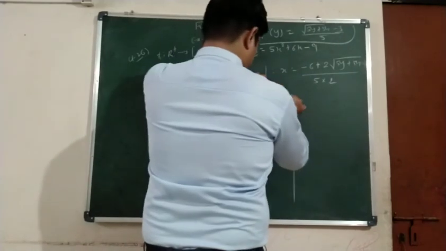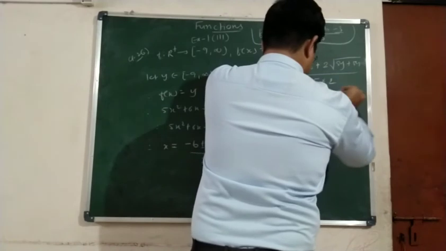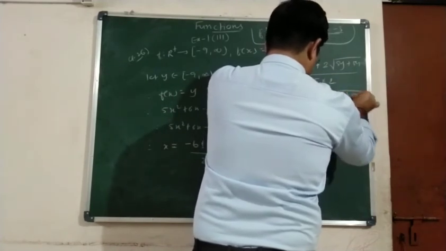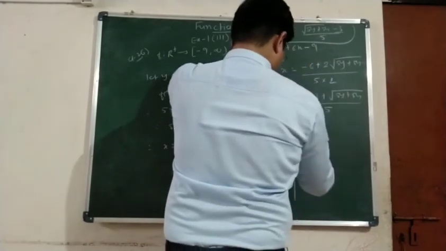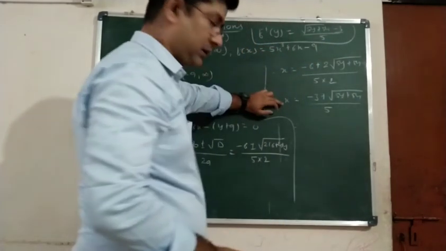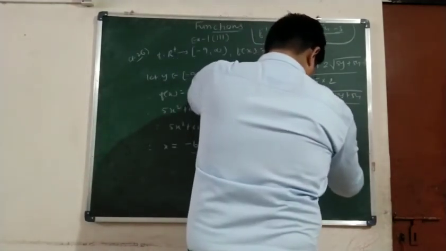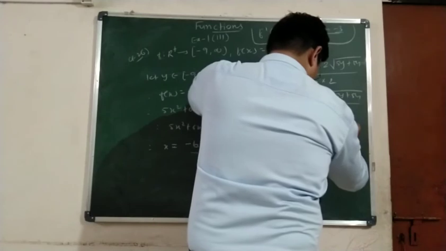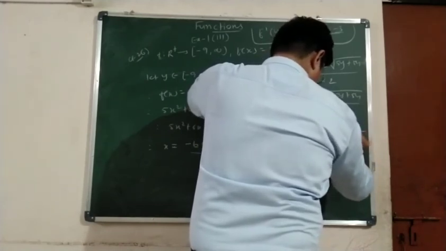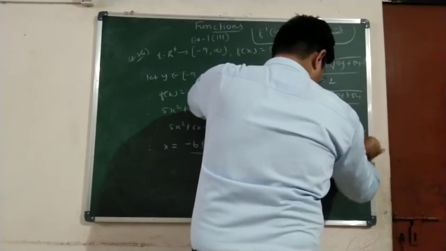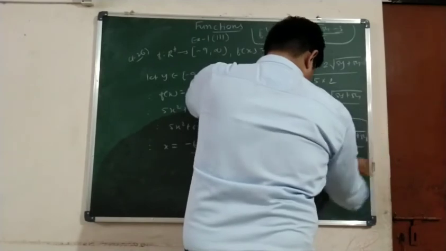On further simplification we will get x is equal to minus 3 plus square root of 5y plus 54, upon 5, which is the required. Okay, finally we will substitute x with f inverse y. So f inverse y will be equal to minus 3 plus square root of 5y plus 54, upon 5. Please note down.